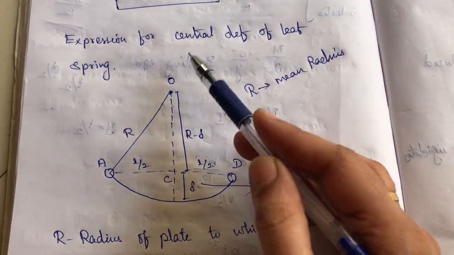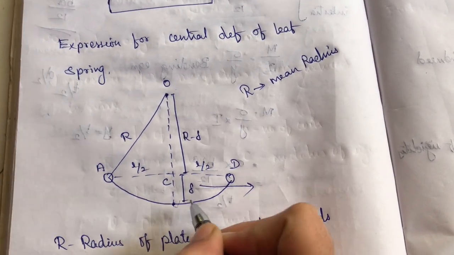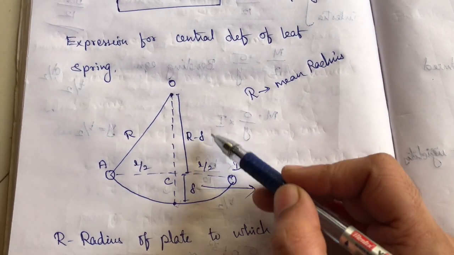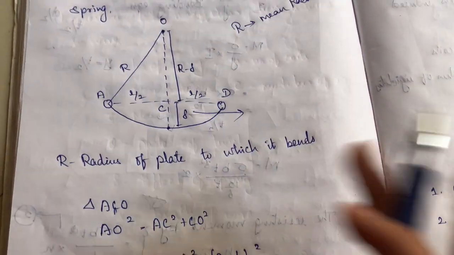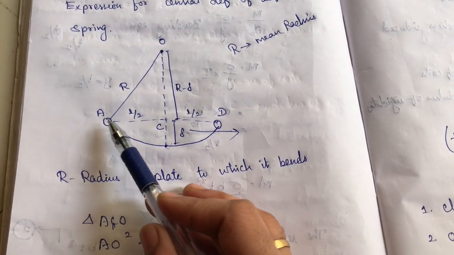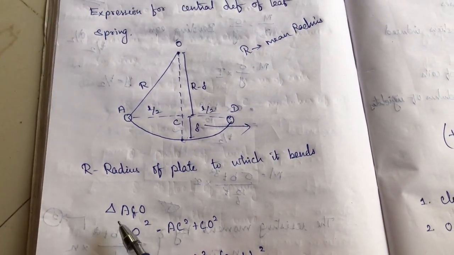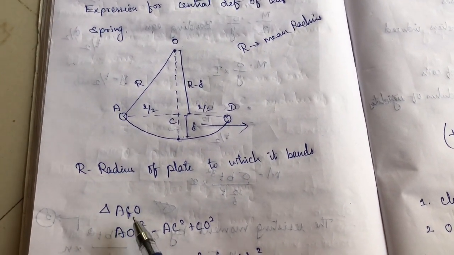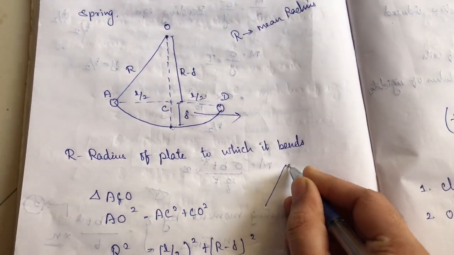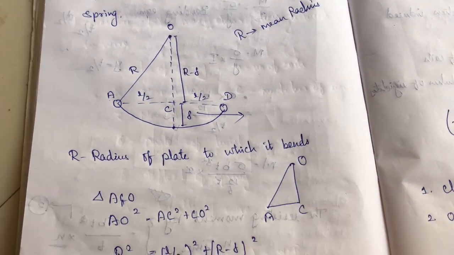So how about this? O to this point is R. So this is the deflection, right? So O to C is R minus del. So you can see here R is the radius to which it bends, right? So I'm just considering the triangle OAC, right?